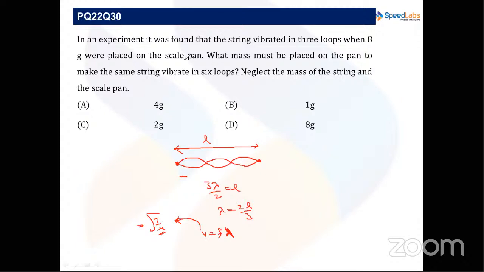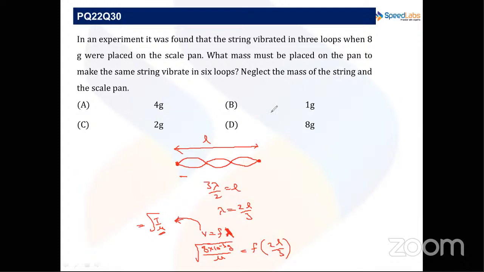So V is equal to under root of 8 into 10 raised to power minus 3 into g, which is 10, divided by mu, that is mass per unit length, I'm keeping mu as it is, and this is equal to frequency f times lambda, 2L by 3.